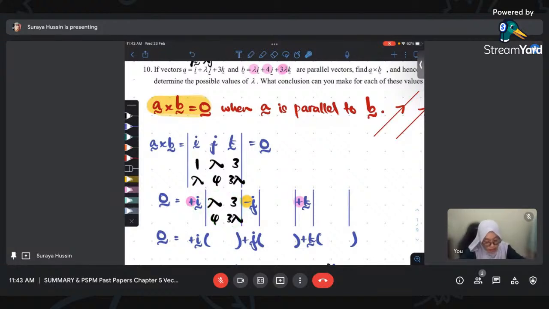Okay, kalau bahagian J pula, saya tutup row J, tutup the row of the J, and tutup the column of the J. When you tutup bahagian ni, you akan nampak 1, 3, lambda, 3, lambda. So what I did here, I will just duplicate and put it there. You tak boleh duplicate, you kena tulis.